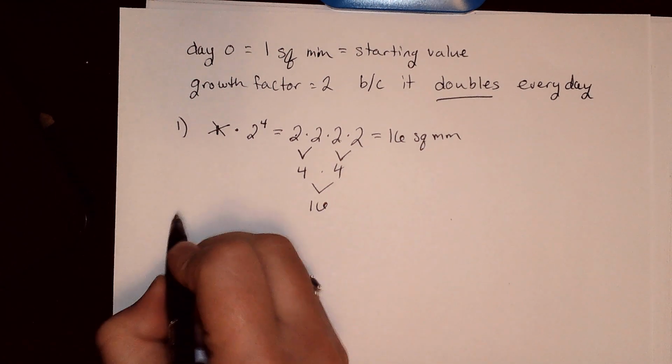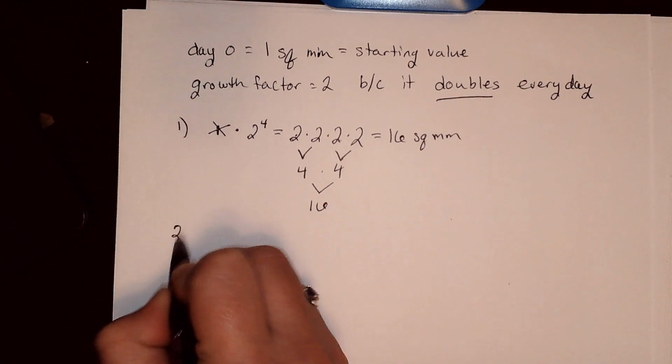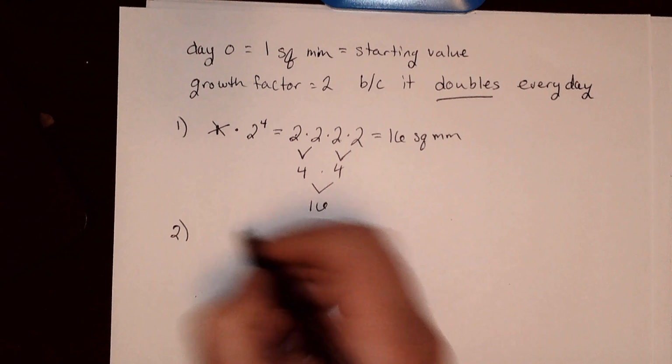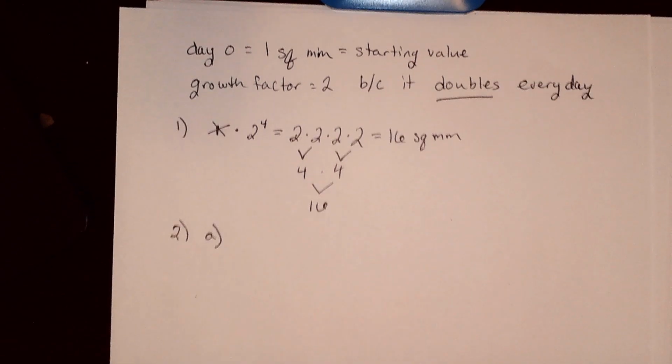Okay, so number 2 asks us to represent the relationship between area in square millimeters covered by the mold and the number of days since the mold was spotted. Part A wants us to use a table.